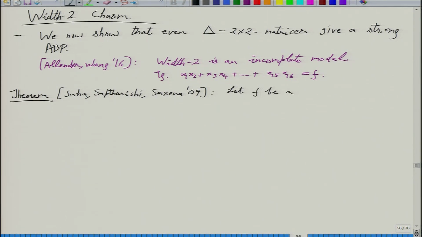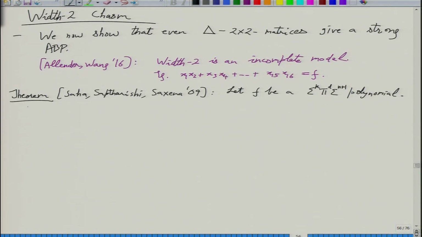Let F be a sigma pi sigma polynomial, n variate. So let's also add that here. n plus 1 is the bottom sigma fan-in. k is the top fan-in, and d is the formal degree of your sigma pi sigma circuit. Right.